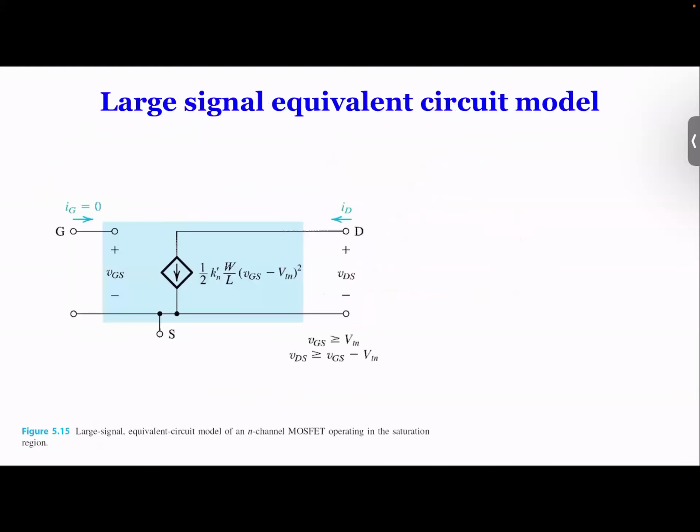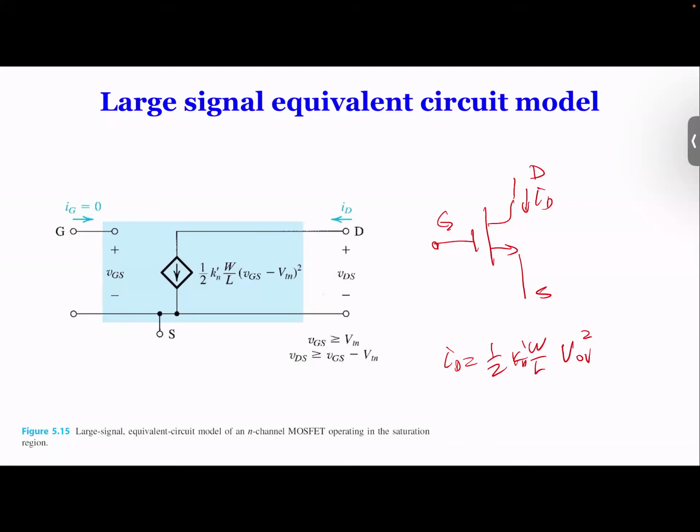Not too much to work on there, but we want to get into an equivalent circuit of the MOSFET. So the symbol for the MOSFET. In the saturation region, our current ID is equal to 1/2 k W/L VOV squared.